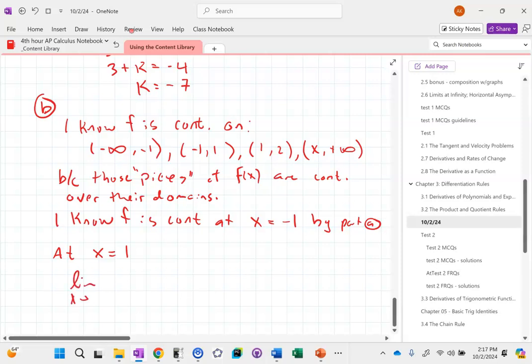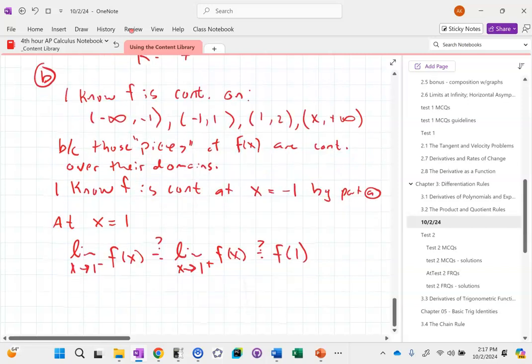We'll check the limit as x approaches +1 from the left, see if that's equal to the limit as x approaches +1 from the right, and see if that's equal to f of 1. So from the left, I'm using x squared minus 5. From the right, I'm using 2x minus 4. And it is equal to 1 at x squared minus 5.